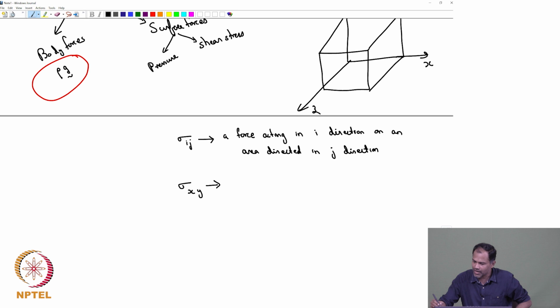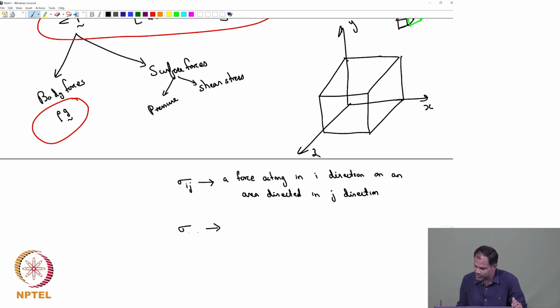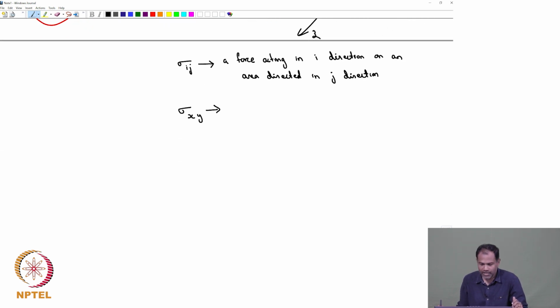So, if you want to mark here, let us say in our diagram we want to represent sigma. So, remember, how many components of sigma would be there? There will be 9 components.